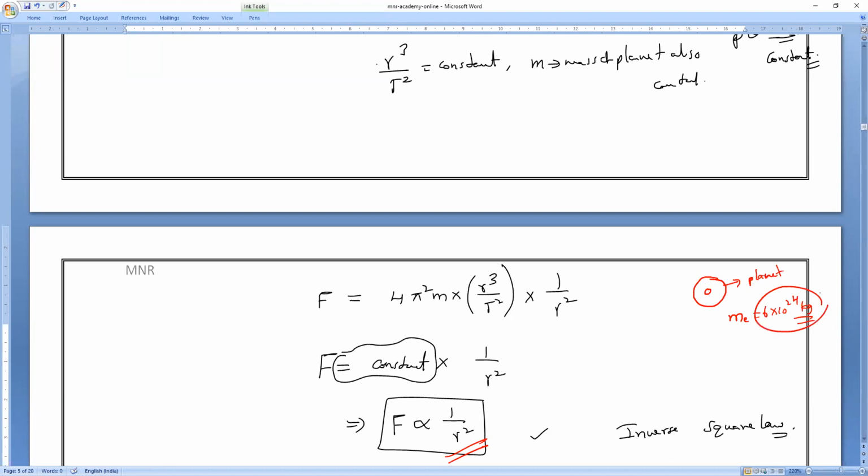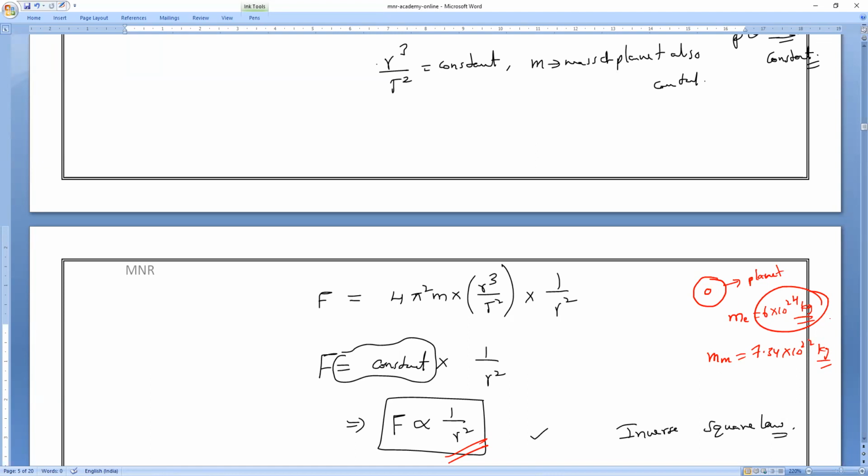It is not going to change. Every time it remains the same. The mass of the Moon you studied, 7.34 into 10 power 22 kg, remains the same. Are you clear? Yes, sir. So the mass of the planets always remains constant. That is why m is also constant. Are you clear? Yes, sir.